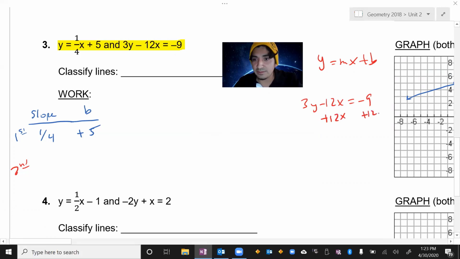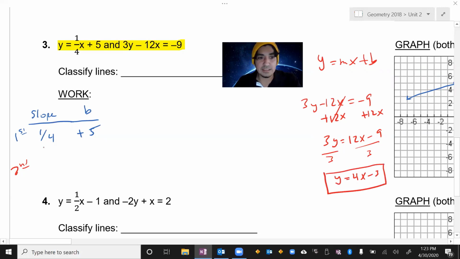I'm going to add 12x on both sides. This cancels out, so I have 3y equals 12x minus 9, and then divide by 3. And so y is equal to 4x minus 3. There you go, now I have my slope-intercept form. So I have 4, then I have -3.